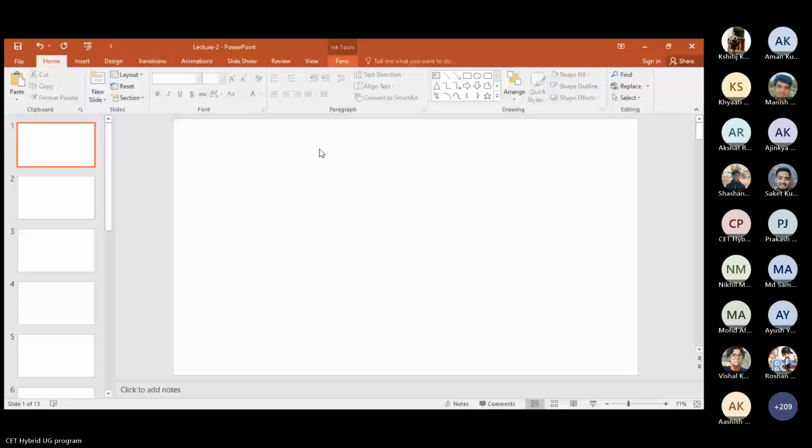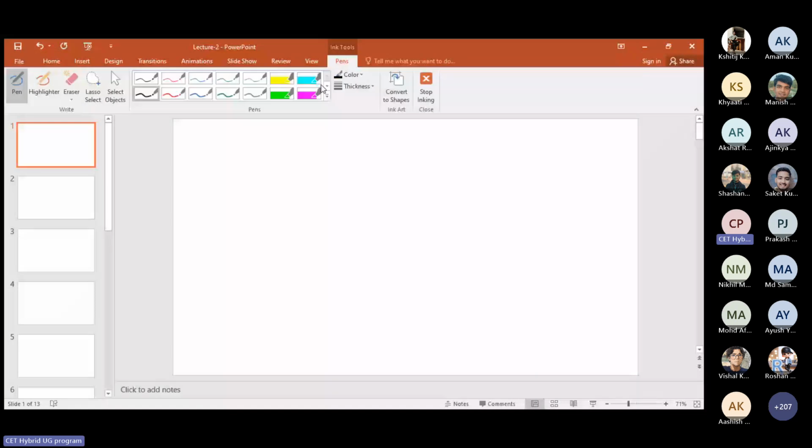So in yesterday's lecture, we saw that we can numerically integrate any function f(x) in the domain a to b, right? And for that, we used two methods.